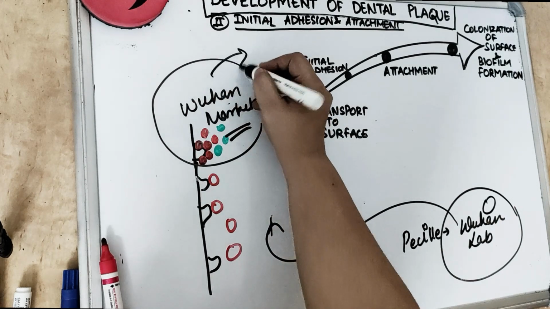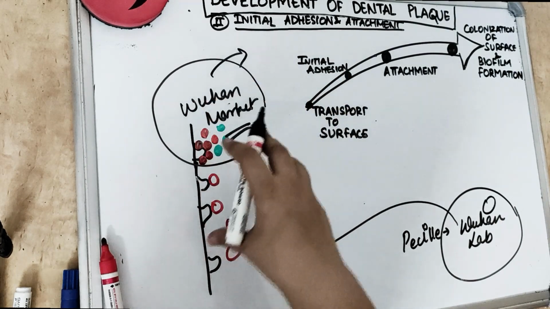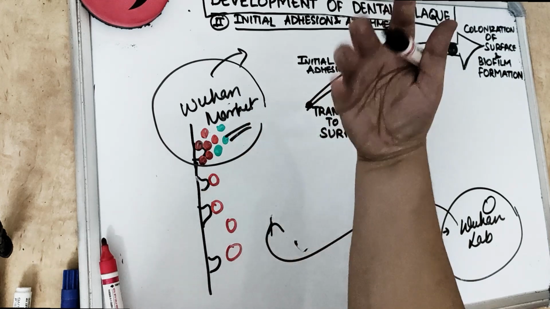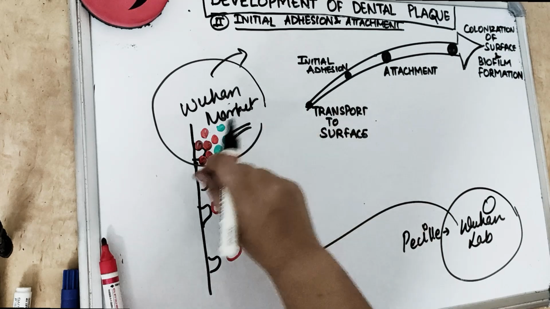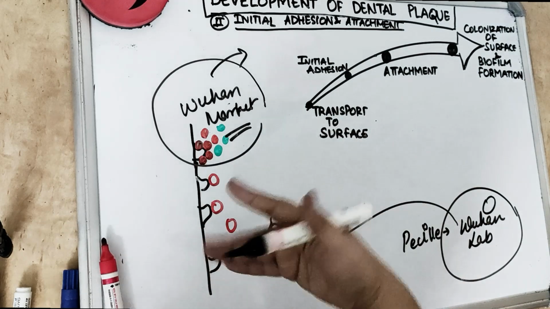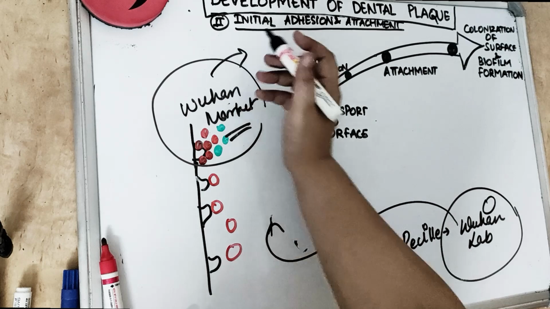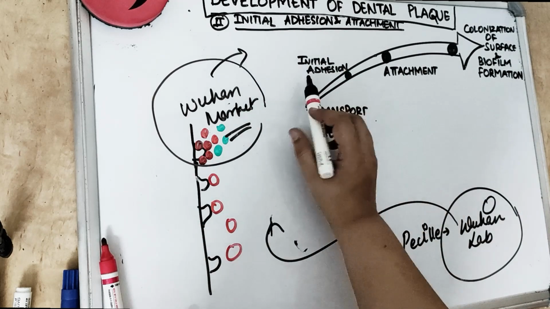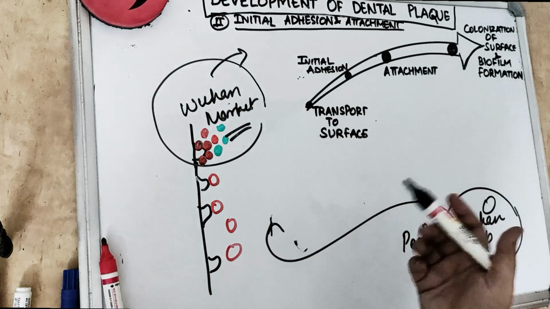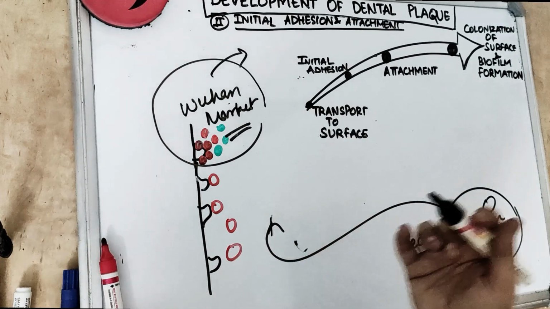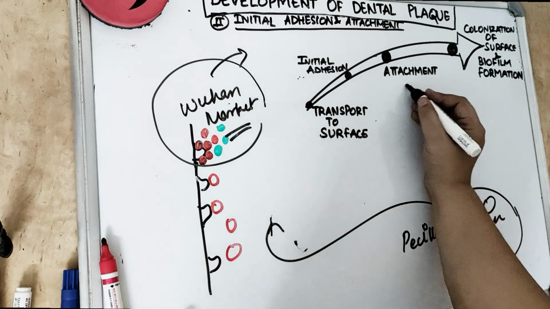Now people have started checking to buy the bats. Suppose they are making bat soup, so they are checking for some bats, and this is the initial adhesion. When they take this bat home and cook and eat it, that means this is the attachment.